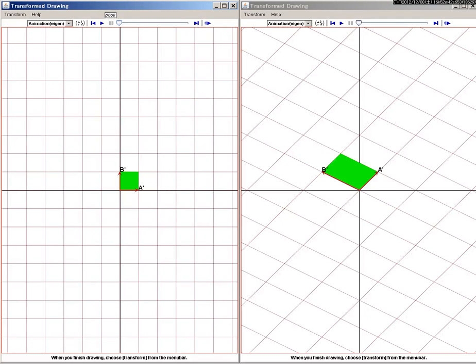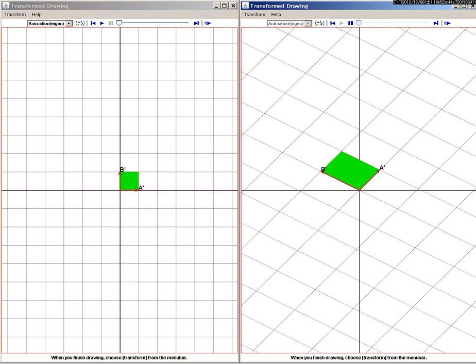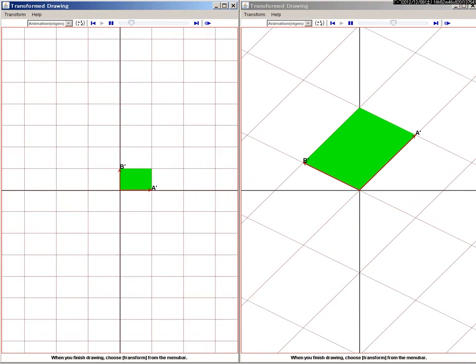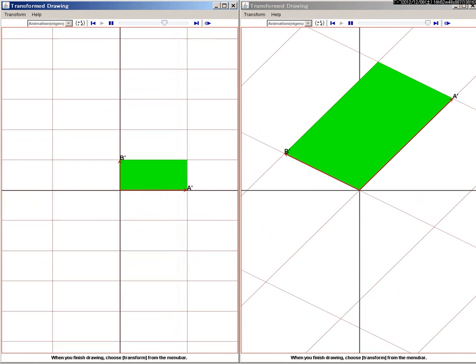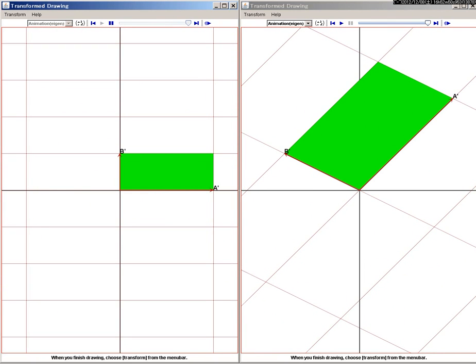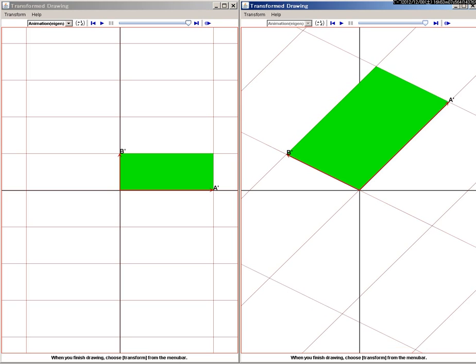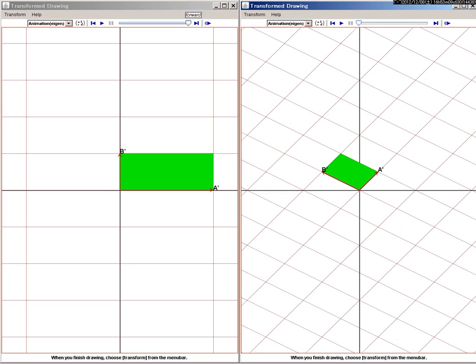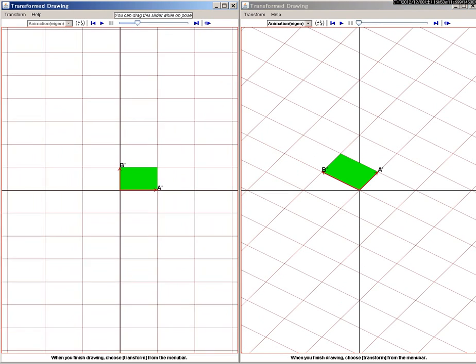Once again, both are magnifications in one direction, vector OA, 5 times, and in the direction of OB, twice. So the only difference is the base vectors.